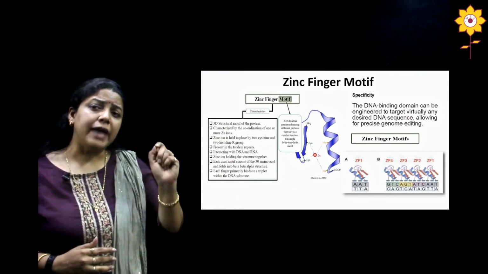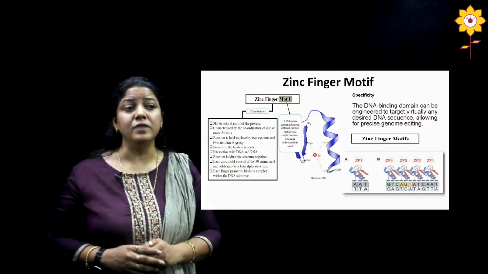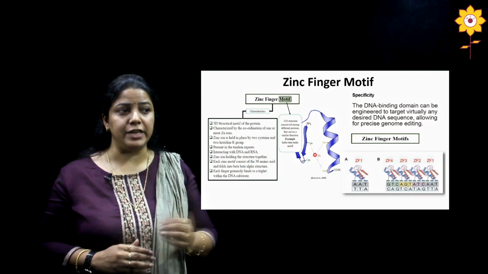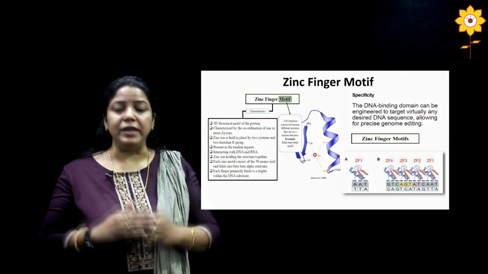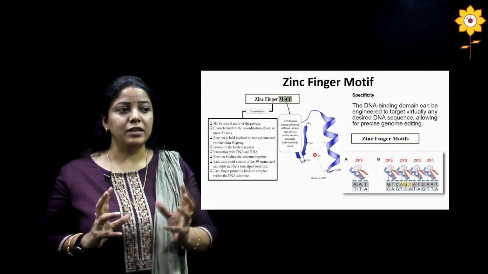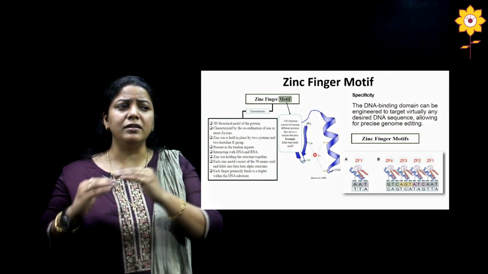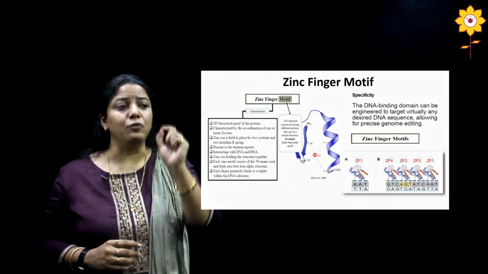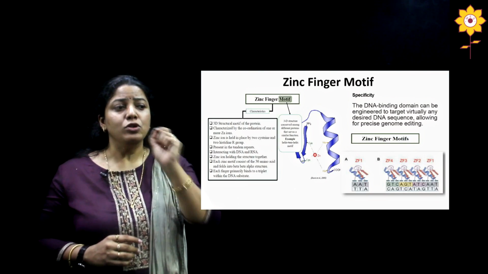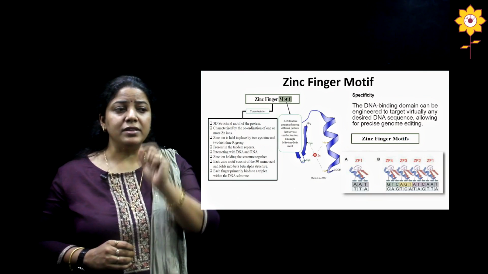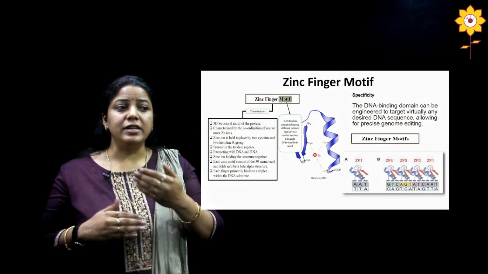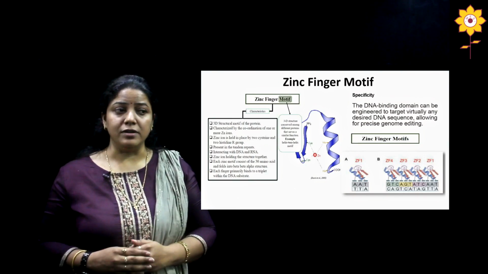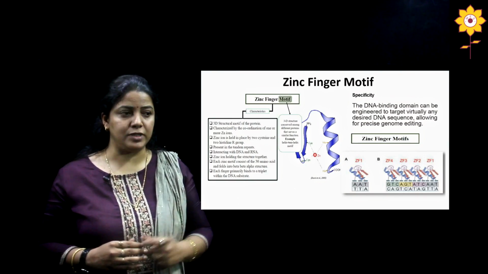So how can these zinc finger motifs bring about specificity in binding to a particular DNA? The DNA binding domain can be engineered in such a way. You can see that there are different types of ZNFs available. So you have zinc finger 1, ZF1, which has a specificity for the sequence AAT so that it can bind to TTA. Similarly, other zinc fingers will have other specificity.